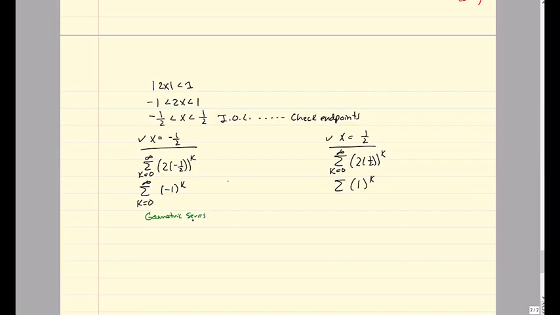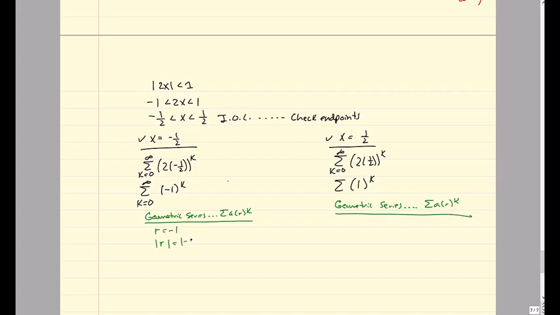So there's more than one test that's a possibility here. The geometric series looks like a times r to the k. So both of these are geometric series. So in this geometric series, and always name the test, r is equal to -1.